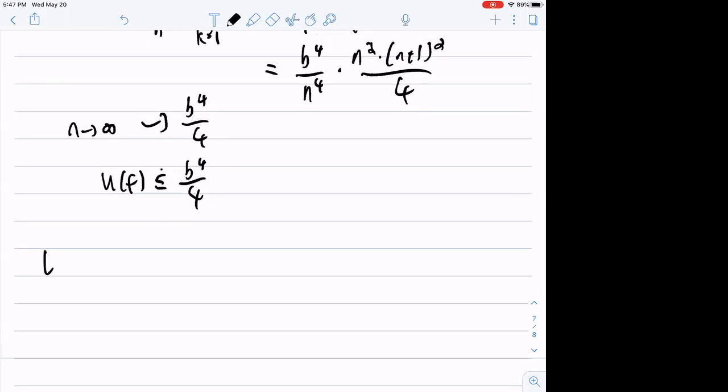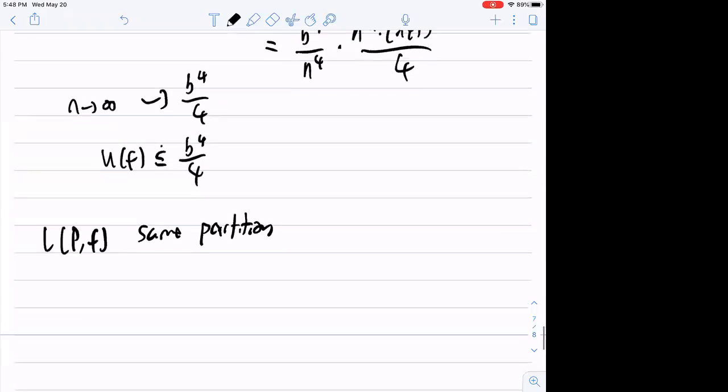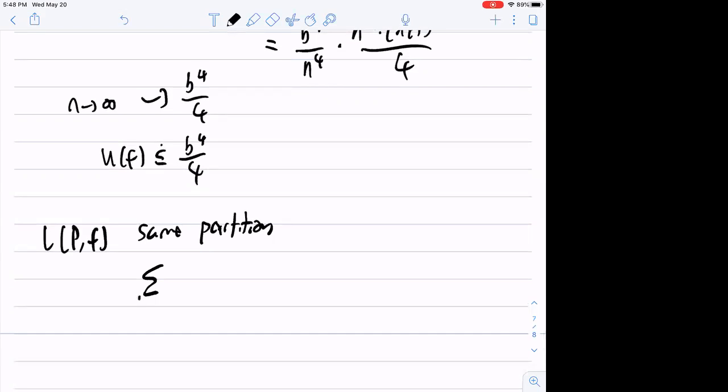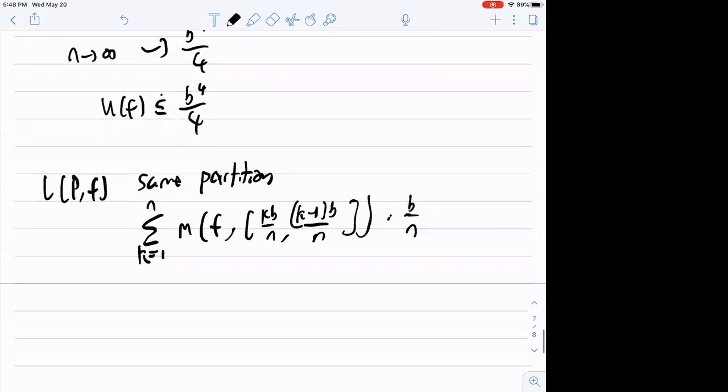So in this case, let's compute L of P of f for the same partition, right? So this is the sum from k equals 1 to n again, of little m of f on the interval (k minus 1)b over n to kb over n, times, again, my intervals are of this length.